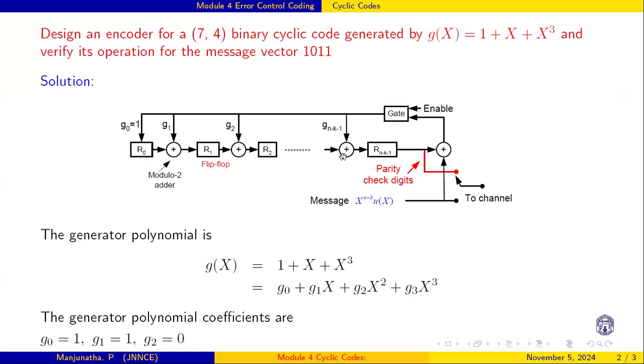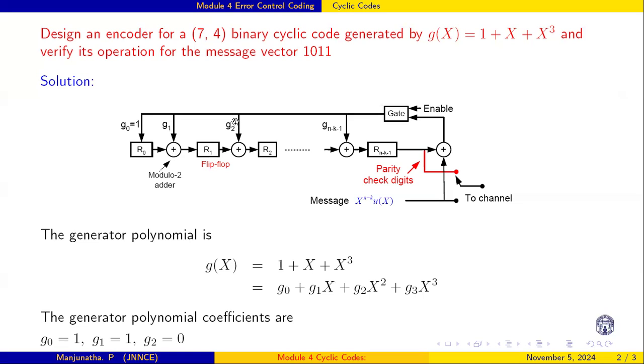The numbering also goes up to R subscript n minus k minus 1, meaning R0, R1, R2. In this case, it is R0, R1, R2. Every output of this register is XORed here with a coefficient g1.